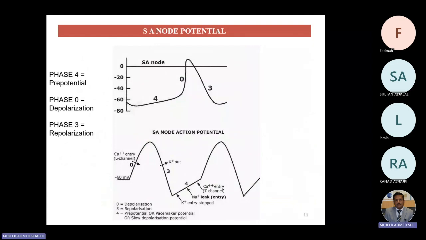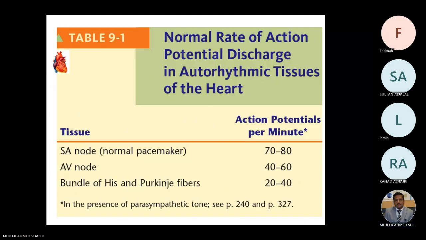One more thing. Every cell has a pacemaker potential, but the SA node is the normal pacemaker of the heart, because the generation of action potentials is maximum in the SA node, that is 70 to 80 times per minute.